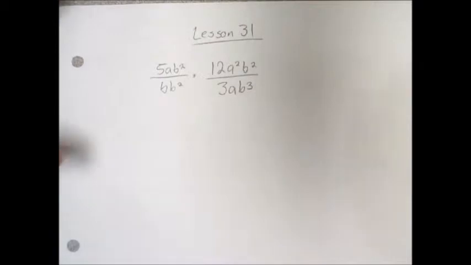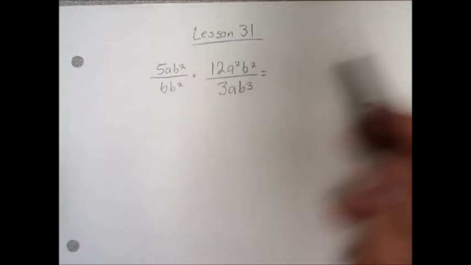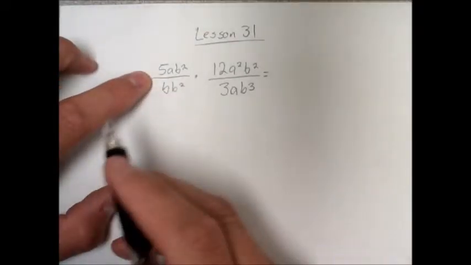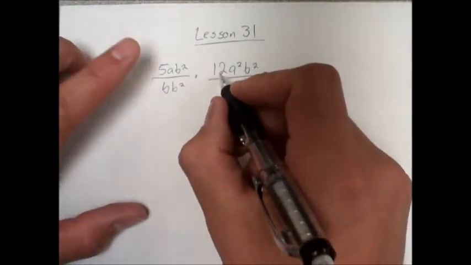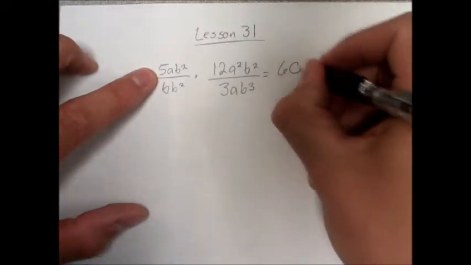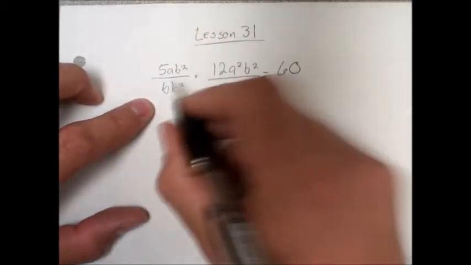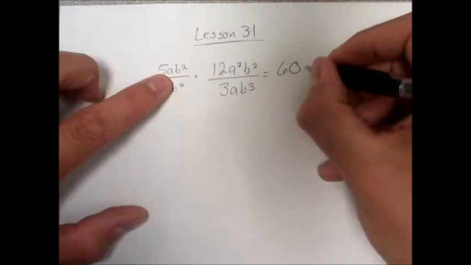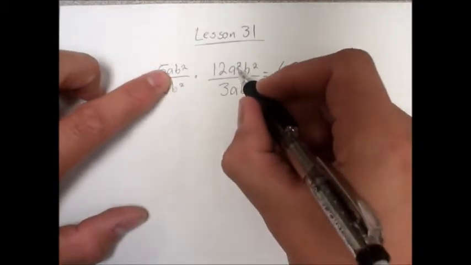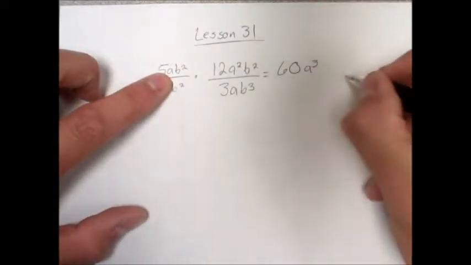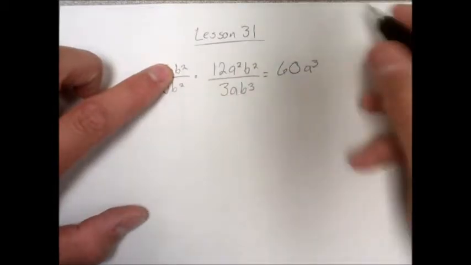Now these seem somewhat difficult at first, but remember that when we had things before that were all thrown together, those were all multiplication too. The only difference is when we have a coefficient, we have to multiply them. So 12 and 5 makes 60, and then we have a and a squared multiplying together, which make a to the third. Then we have b squared and b squared, which make b to the fourth.